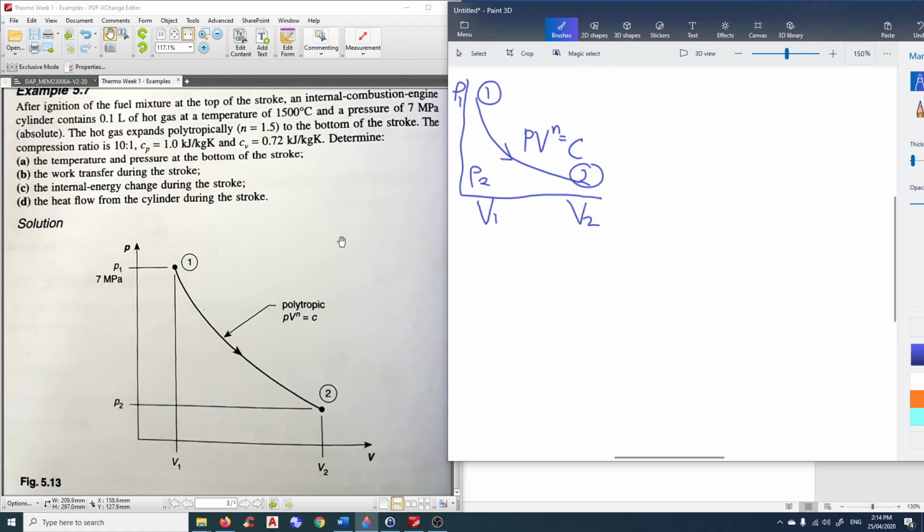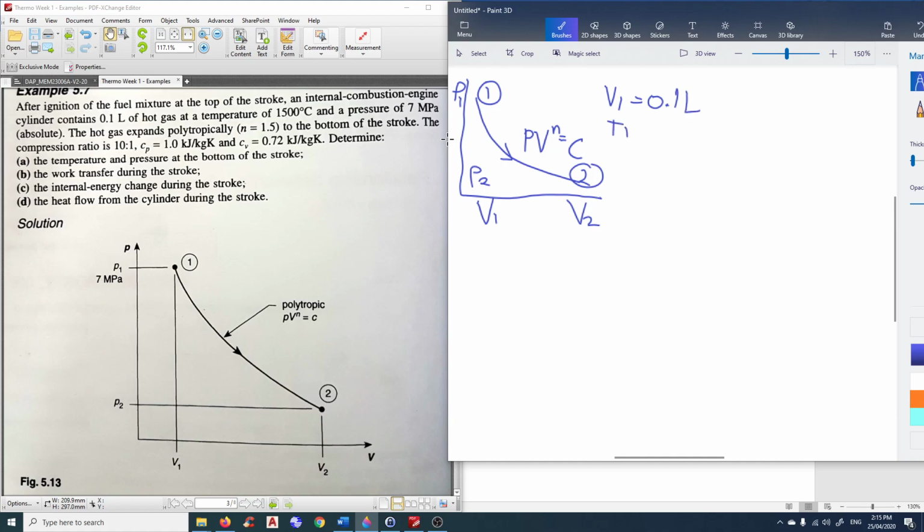So let's read the question. After ignition of the fuel mixture at the top of the stroke of an internal combustion engine, so that's point 1, the hot gas, so there is a gas here at point 1, the volume of the gas V1 is 0.01 liter.